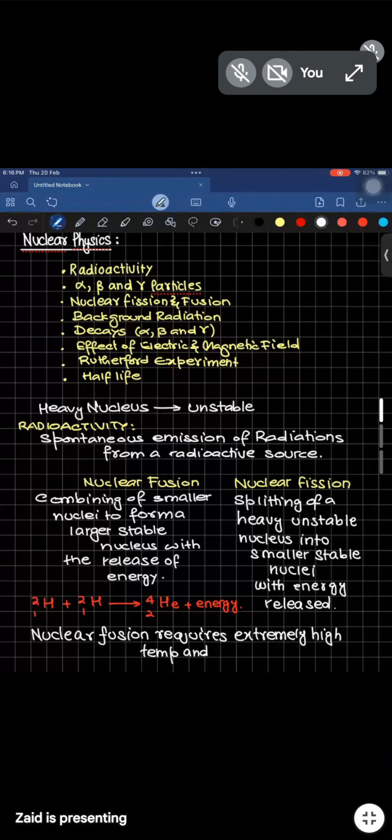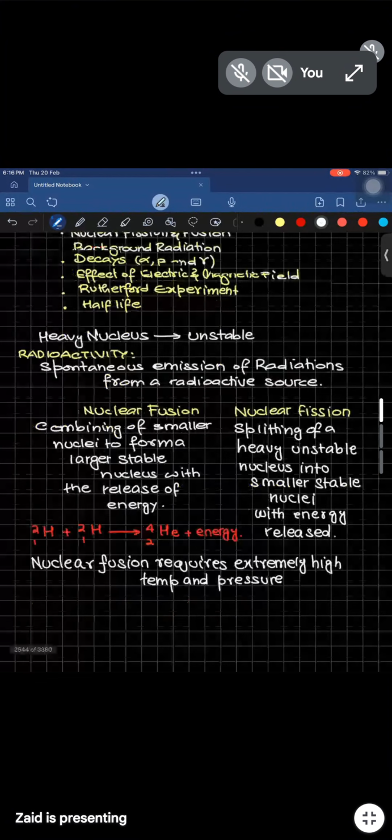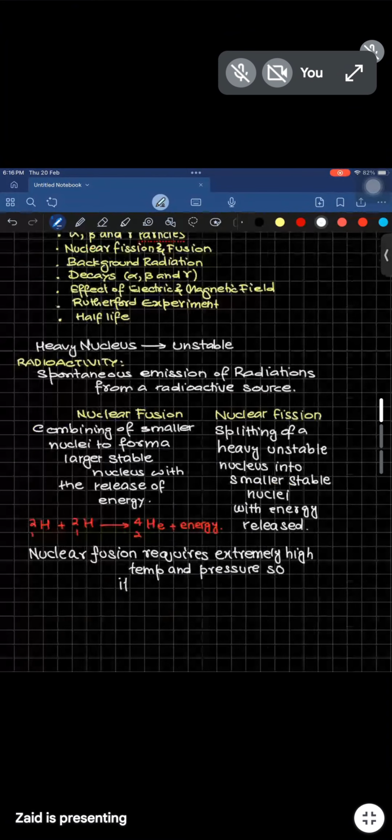So it cannot happen at the surface of Earth. Nuclear fusion occurs at the core of the sun. You must remember this.